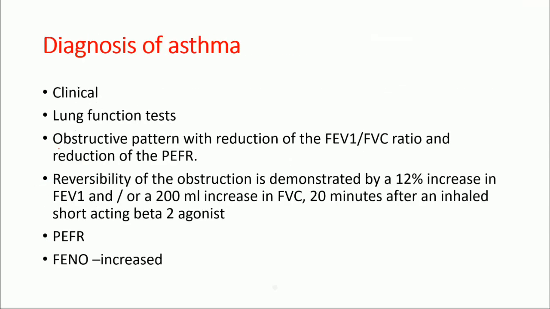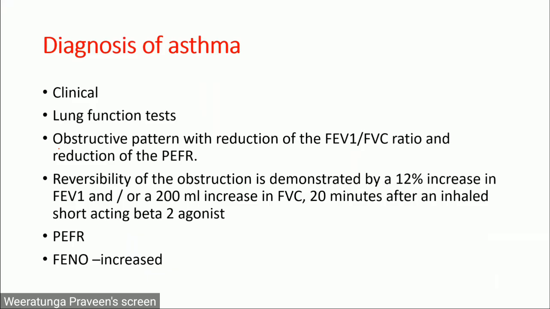Right. So coming back to how you actually diagnose asthma, the clinical features are very important, of course, but you have to back this up with investigations. And lung function tests, right? The spirometry is a standard, an absolute standard of diagnosis.